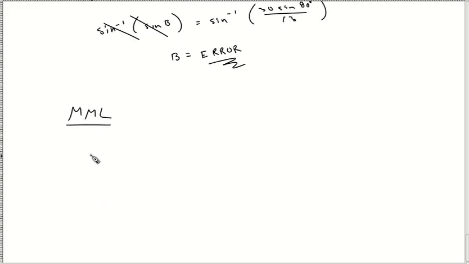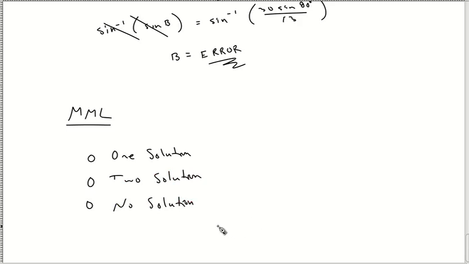So in my math lab, there are 3 different answers. We have one solution, which is what we've been getting a lot of times already. Then we have 2 solutions, which we'll see on the next problem. And then we have no solution. So if I got an error, which one do you think I should have?